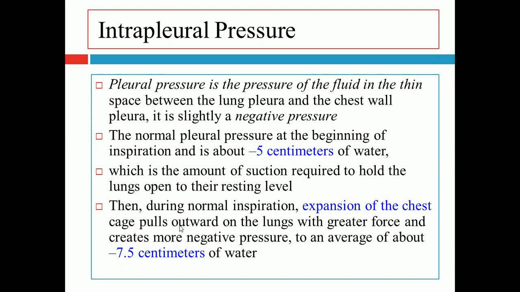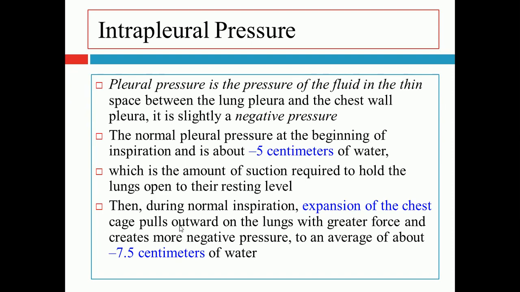So intrapleural pressure. As you know, pleura is the outer covering of the lungs. When we discuss the anatomy of the lungs, we discuss that there are visceral pleura and the outer surface pleura. The gap between these two pleural membranes is called the pleural cavity, and there is a pressure.